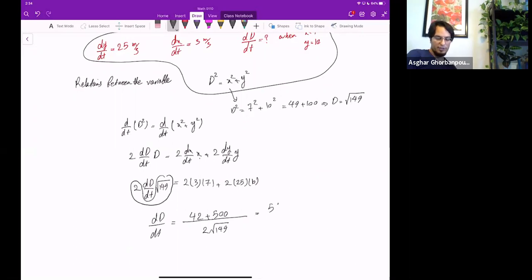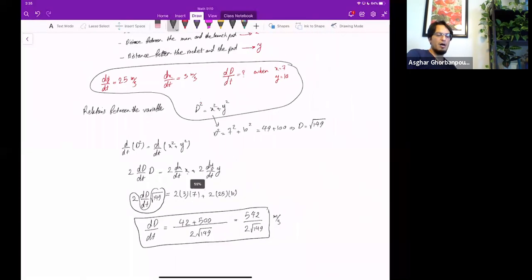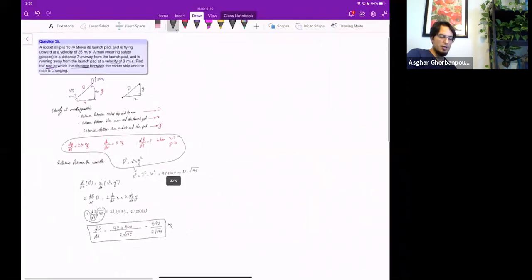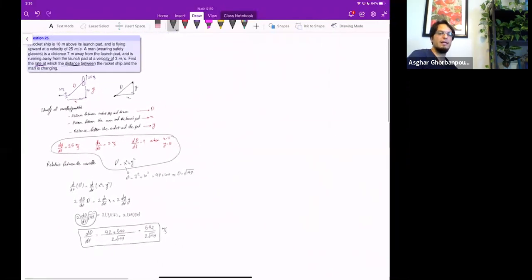So 542 over 2 root 149. And that is how fast, in meters per second, the distance between the man running away and the flying rocket ship increases.